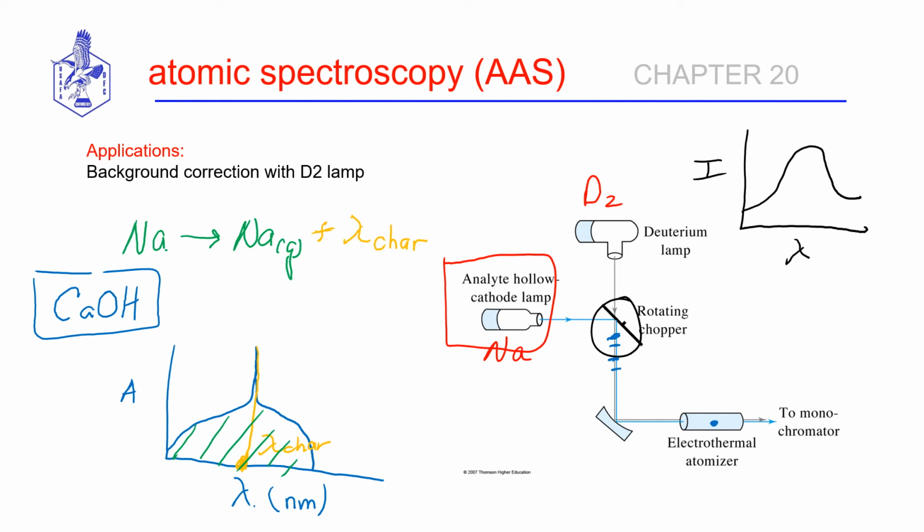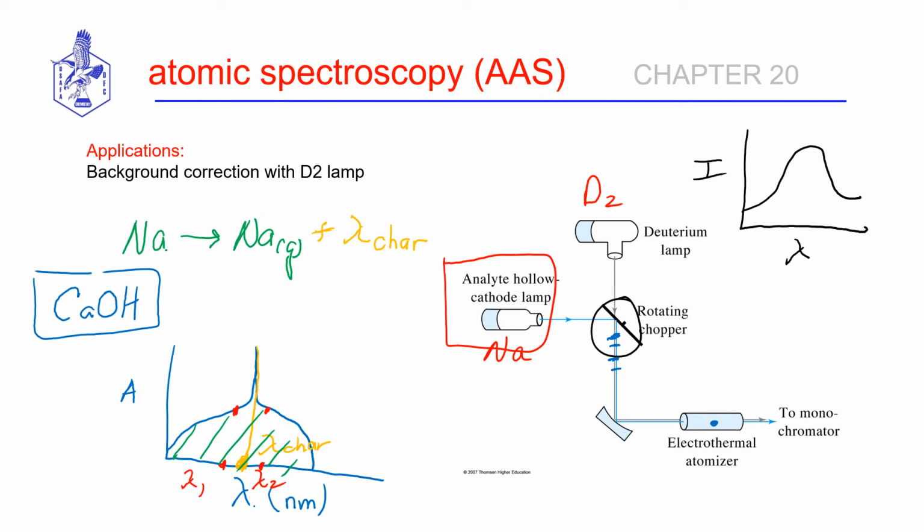What I want to do is measure the background at 2 wavelengths on either side of my characteristic wavelength. So this is wavelength 1 and wavelength 2.